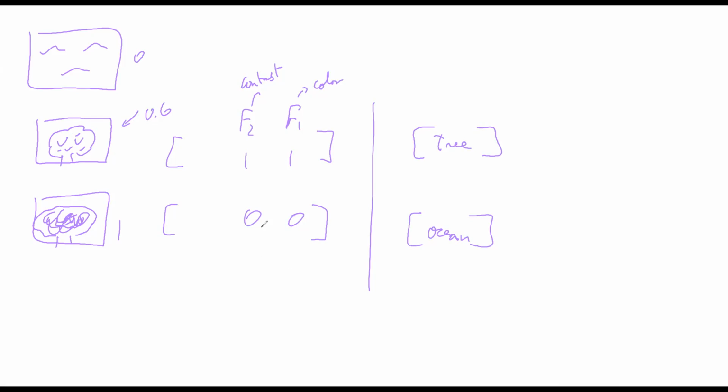My point is that these don't have to be zeros or ones. Let's say we have another sample where the color is green, so it's a tree, but the busyness is 0.6. The features are always numbers. They can be binary 0 or 1, or numbers within the scale of 0 to 1, like 0.6.